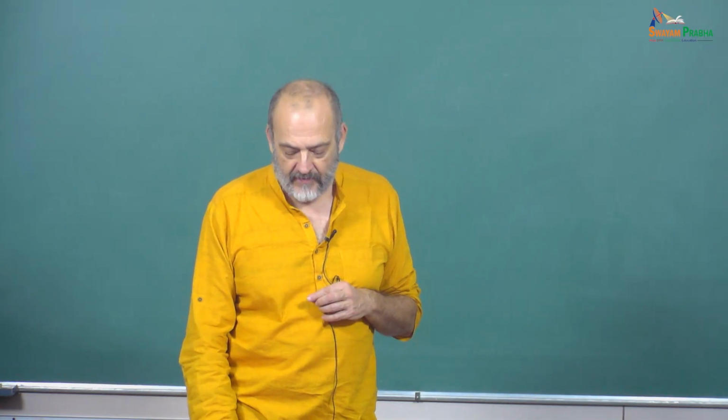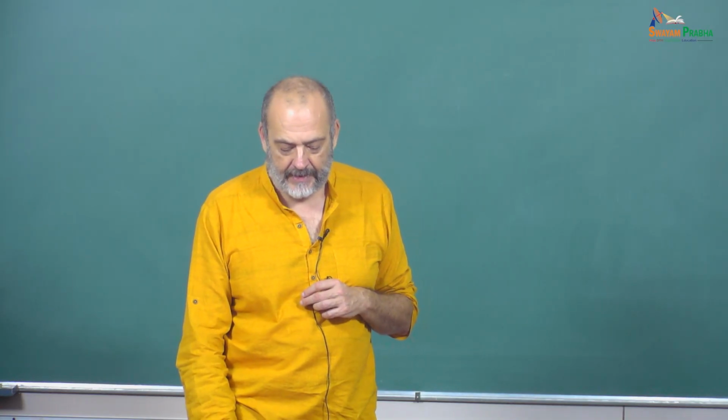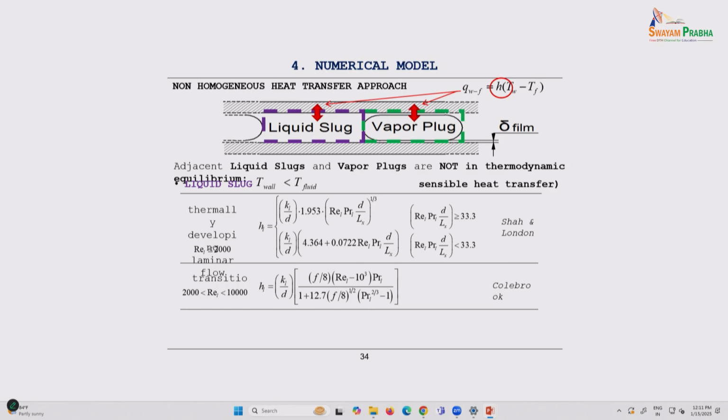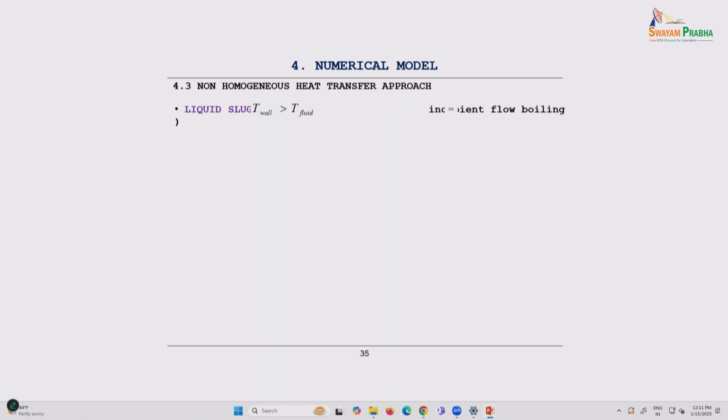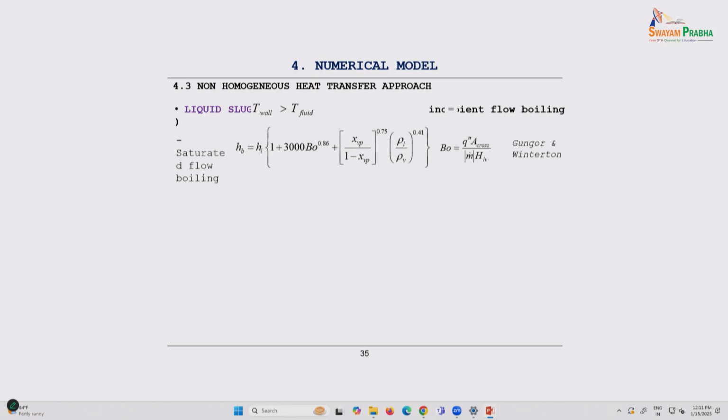Then we have different conditions: Colebrook for when the Reynolds number is above 10,000. Usually we are also in laminar conditions, because the tube is so small that even with 1 meter per second the Reynolds number is low. But we implemented everything.